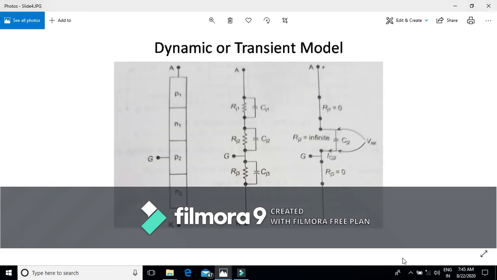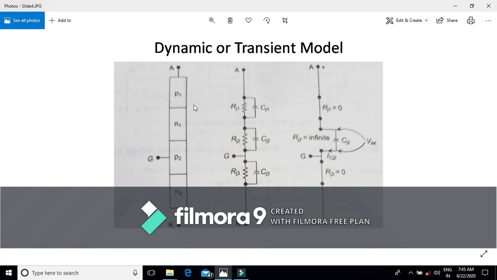Now, the third model to explain this thyristor switching is the dynamic or transistor transient model. This is the simple PNPN thyristor. That means it is made up of three junctions J1, J2, and J3.